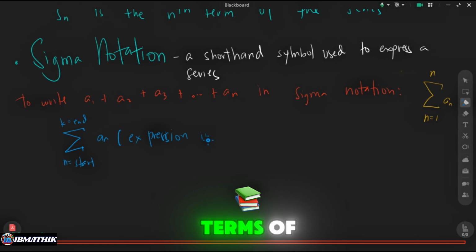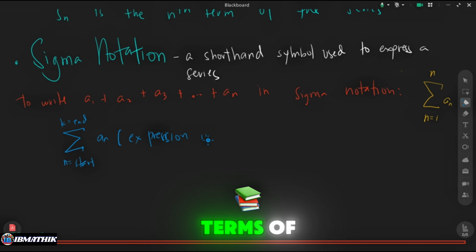If the nth term of the sequence is a subscript n, then the partial sum is equal to the first term, the second term, third term, so on and so forth, plus the nth term.